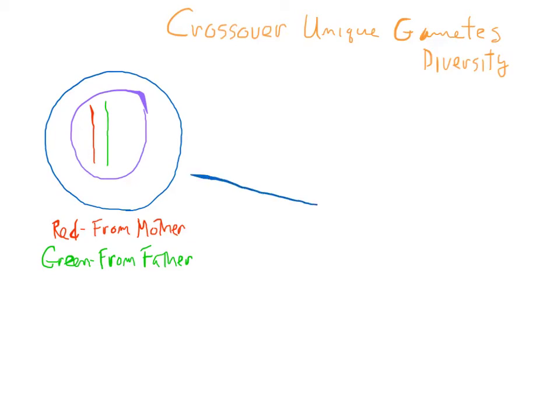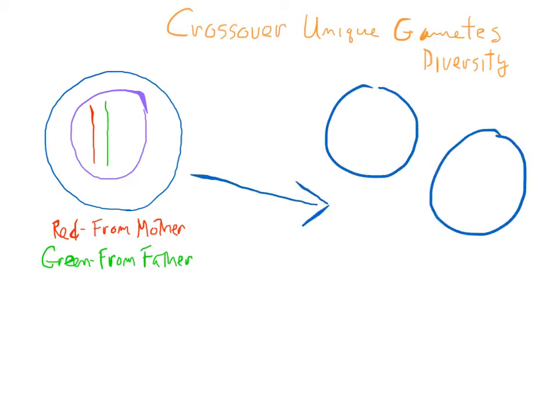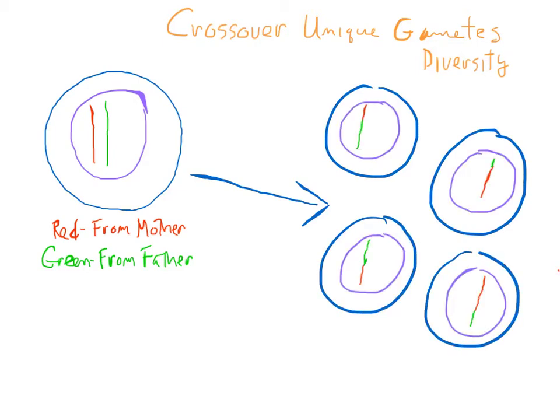Okay, so meiosis will produce the 4 haploid gametes, as you know. I went ahead and drew the results of crossover. Basically, these 2 chromosomes kind of exchange segments with one another, as did these 2 chromosomes.